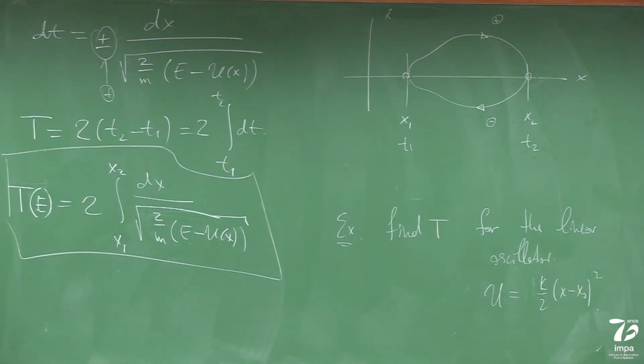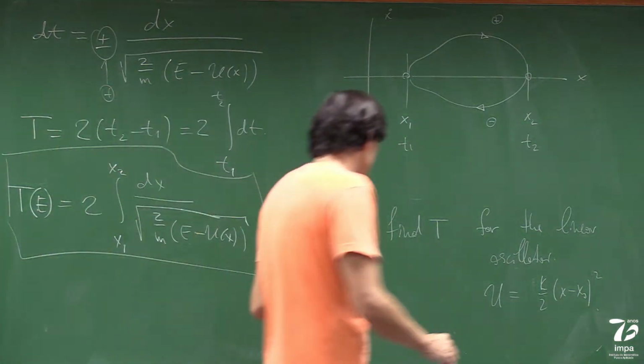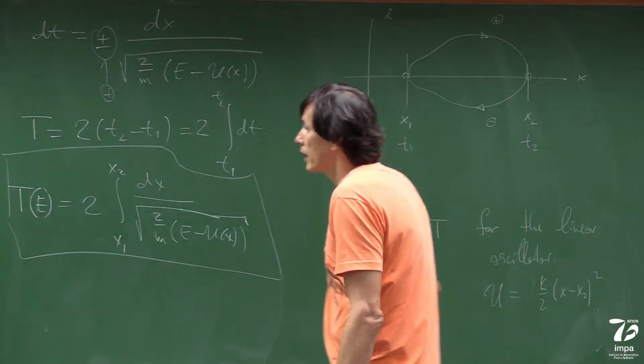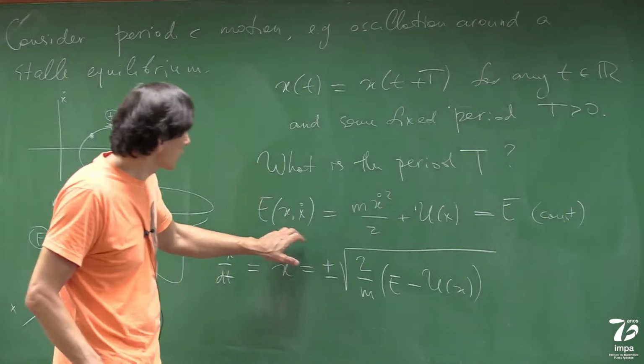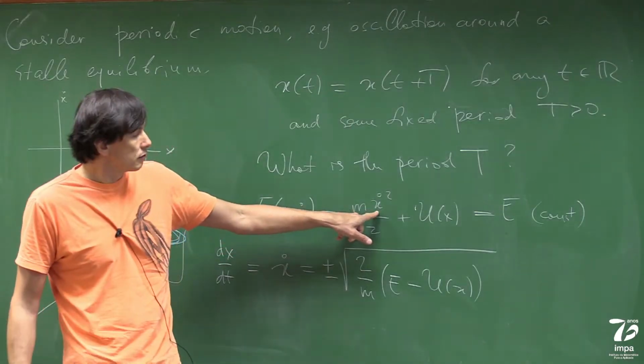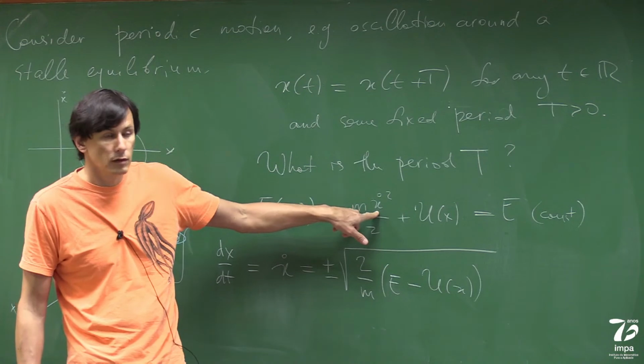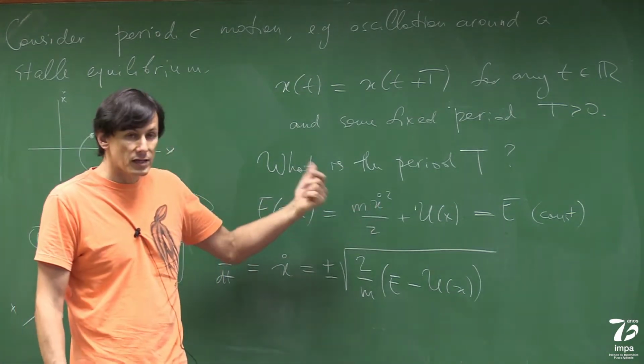Yes. I didn't understand why the period is 2 times t2 minus t1. Because you see, energy and actually the equation of motion are completely symmetric with respect to the derivative, plus or minus.